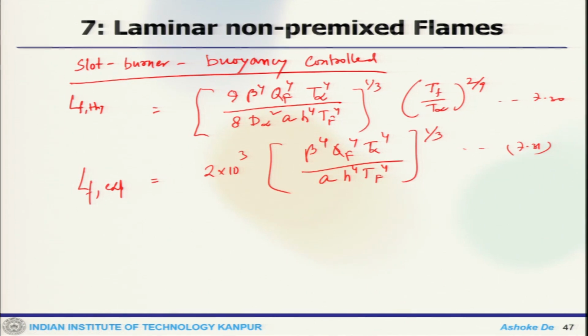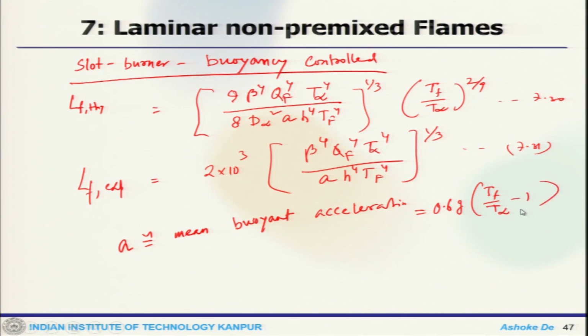Now here there is one more nomenclature A, which is your mean buoyant acceleration, that is Tf by T infinity minus 1, and G is as usual gravitational acceleration.